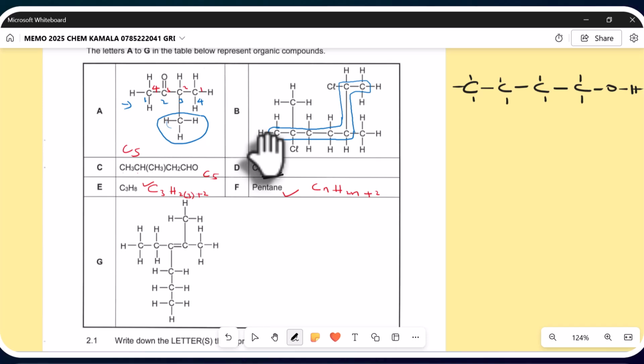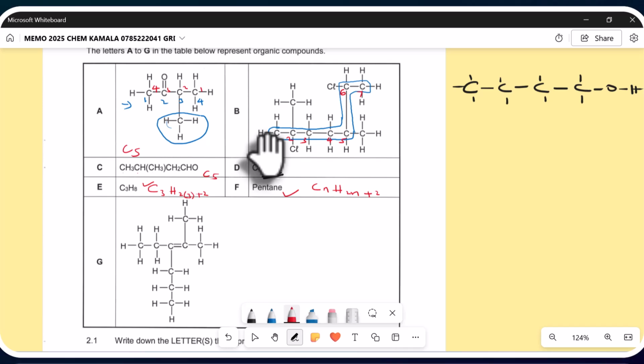Let's see now, I'm using a green color here. They said it's carbon number 1, carbon number 2, carbon number 3, carbon number 4, carbon number 5, and then number 6, and then carbon number 7. So there's 7 carbon atoms in total. We're going to use hepta, okay?